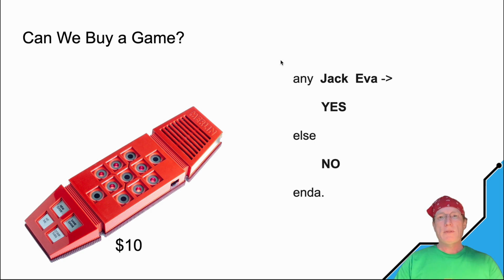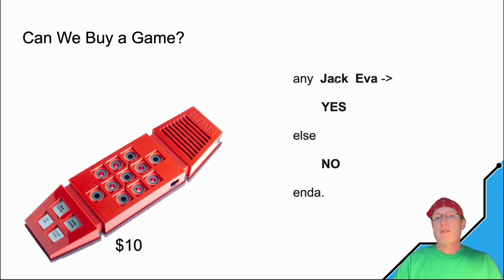So now let's look at the case where we have to make a decision and we need to use two tests. And in this case, Eva and Jack want to buy this game, which is really cool, and it costs $10. Now, the test is whether Jack or Eva or both have the $10 to buy the game.